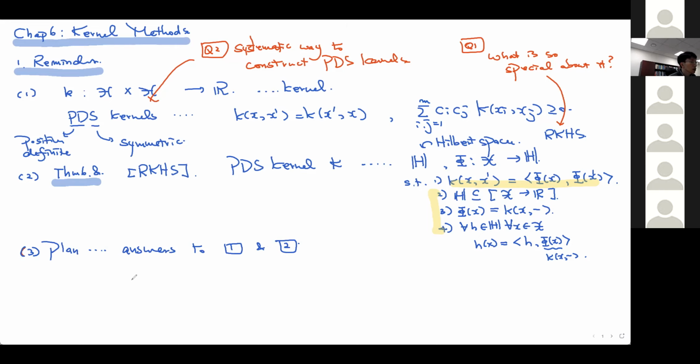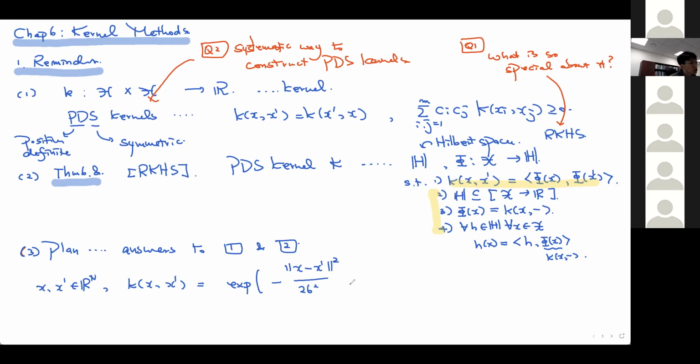Last time, I gave you one representative example of a kernel, which is called the RBF kernel. Take x and x prime, some points in Euclidean space. Then the kernel is defined by something that looks almost like the probability density of a Gaussian or normal distribution.